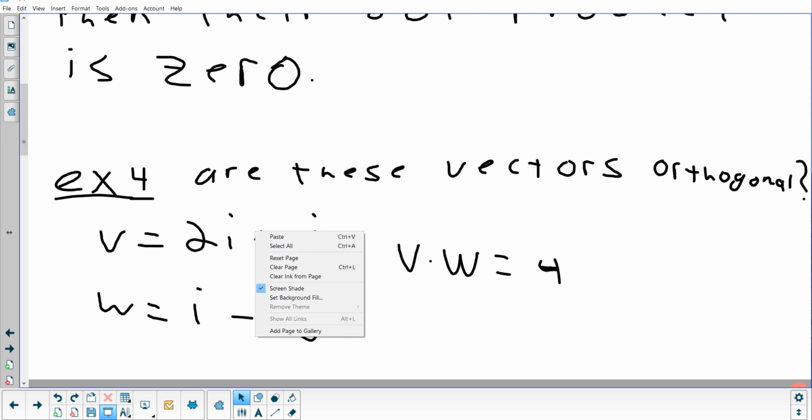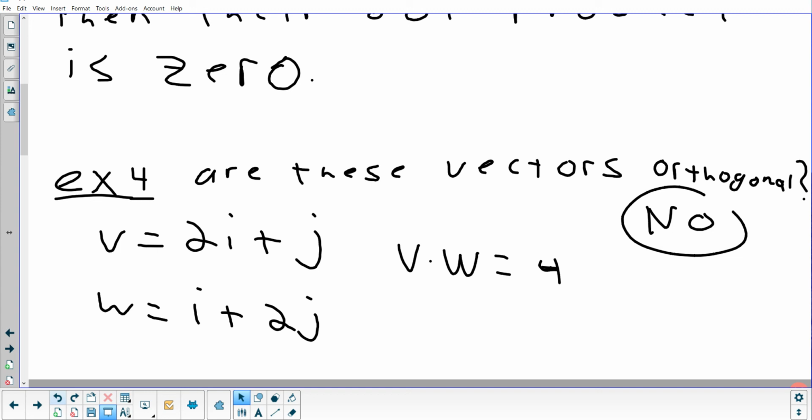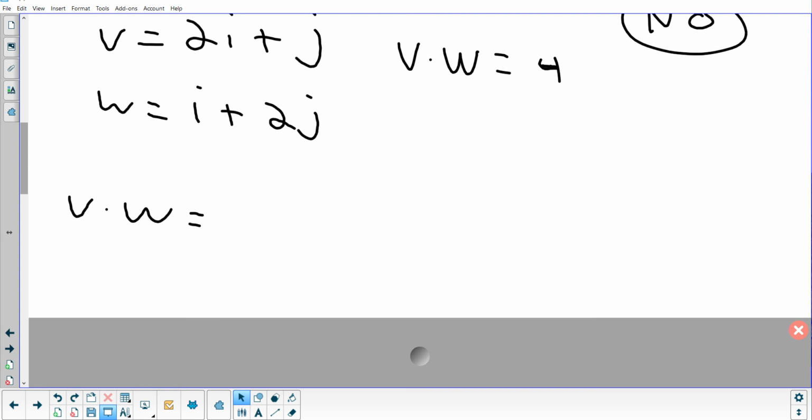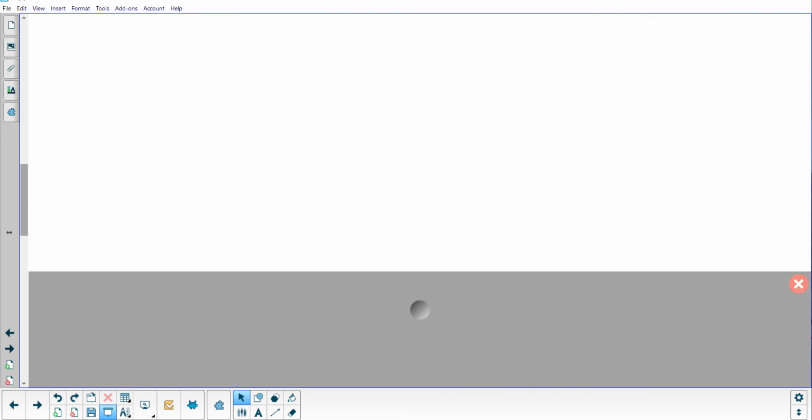So the dot product would be 2 minus 2. Basically, if you change any one of those to a negative, then you've just made the vectors perpendicular. So any questions here about why the answer is no? All right, so that's orthogonal.